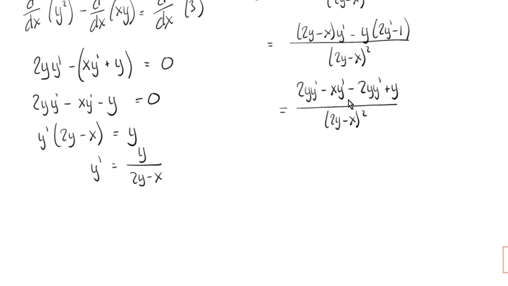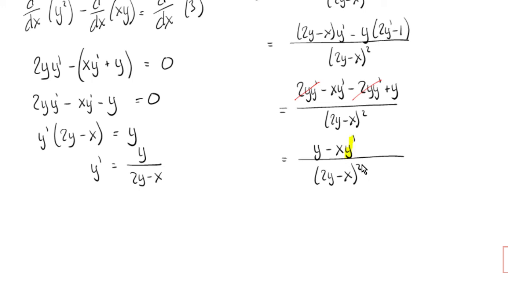We can now clean up the numerator, so this term cancels against this term. And we're just left with y minus x times y prime over 2y minus x squared. Now, we have y prime in this expression.